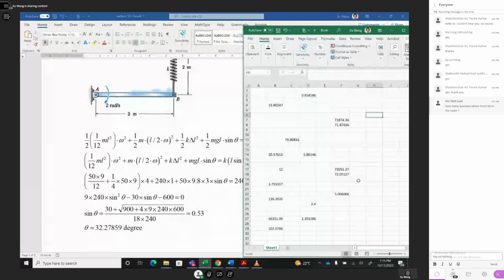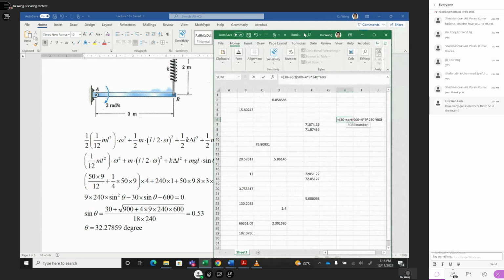So sine theta, according to the formula, should be equal to the bracket, the numeric 30 plus the square root of 900 plus 4 times 9 times 240 times 940 times 600, and then divide by 18 times 240, that's for the denominator. So this should be equal to 0.53.